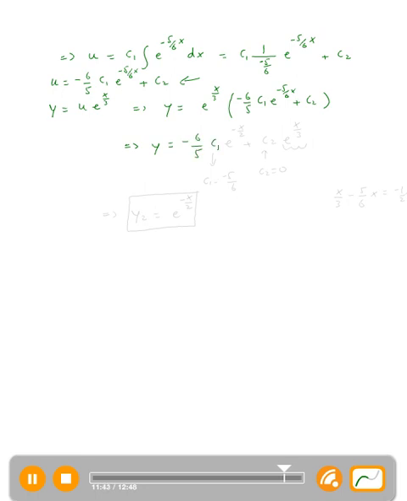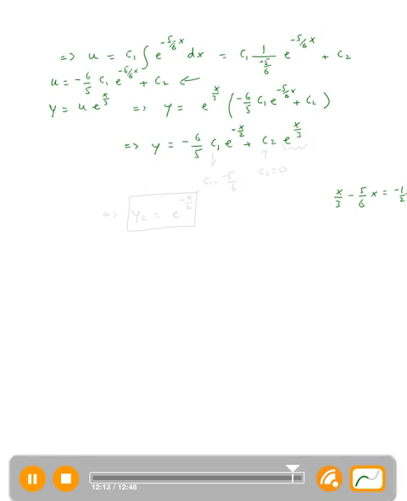Now remember, multiplying those e's means adding the exponents. Let me do it here. If you add x/3 plus minus 5/6 x, let's just add in fractions. This is going to be equal to negative 1/2 x. So this is going to be e^(-x/2) plus, distribute, you get c2 e^(x/3).